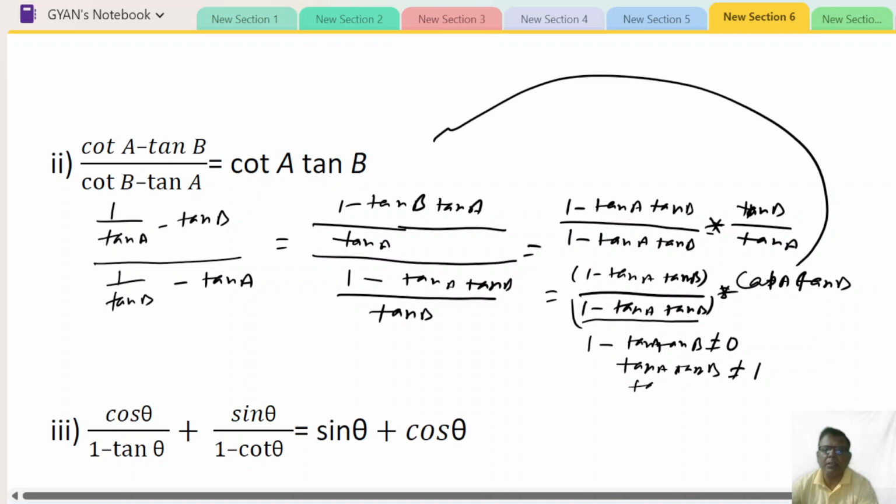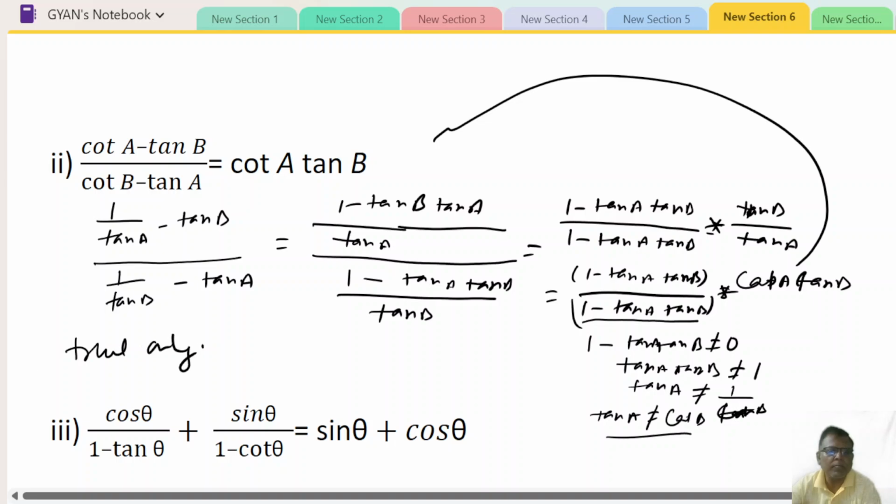That means tan A should not be equal to 1 by tan B, which is cot B. So you should write that this is true only when tan A is not equal to cot B.